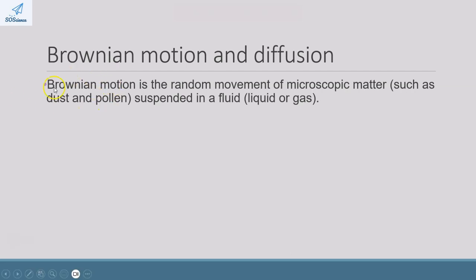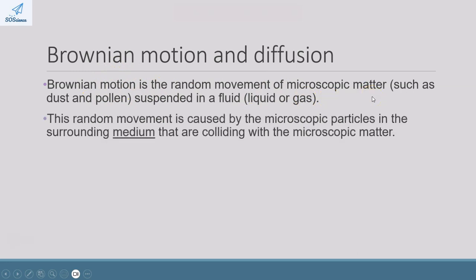If you have dust or pollen suspended in a liquid or a gas, you would observe Brownian motion. This random movement is caused by the microscopic particles in the surrounding medium that are colliding with the microscopic matter. So the medium that we're talking about would be the liquid or the gas.